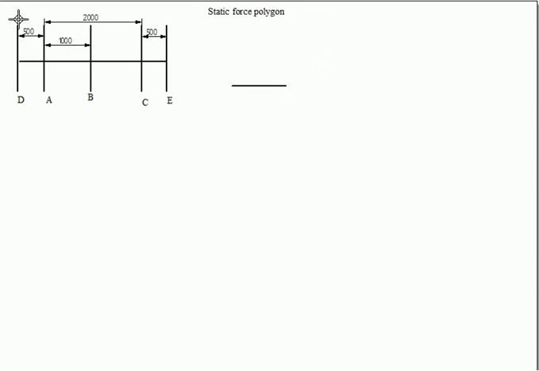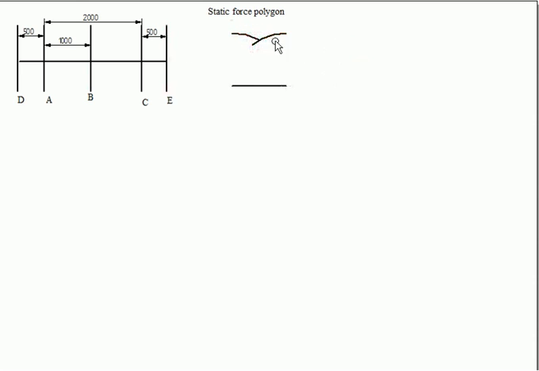So we'll construct one arc having radius 0.6. Since inclination is unknown, we'll construct one arc. And from this endpoint also, again inclination is unknown, so we'll construct one more arc having radius 0.6.